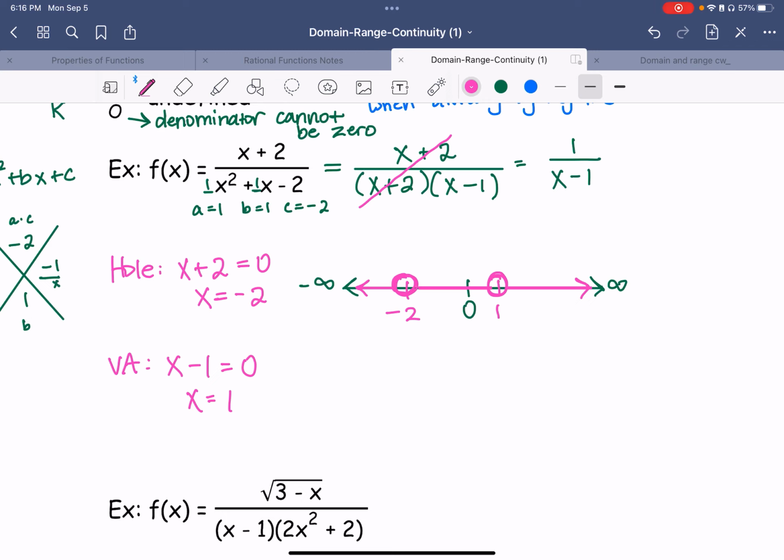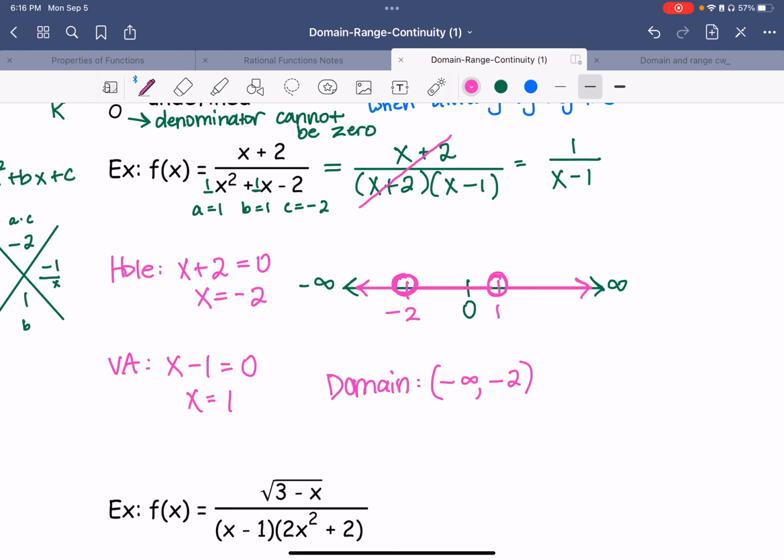Okay, so now to write this domain in interval notation, you always start from left to right. On the left hand side, you have negative infinity, and remember you always use parentheses with infinity, comma, negative 2, and that open circle will also make us use a parenthesis.